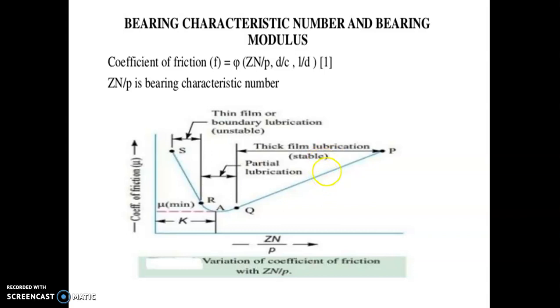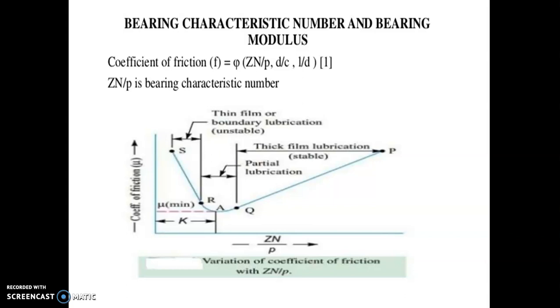The coefficient of friction depends on three parameters: ZN upon P, D by C, and L by D. The factor ZN upon P is known as bearing characteristic number, and it is a dimensionless number.